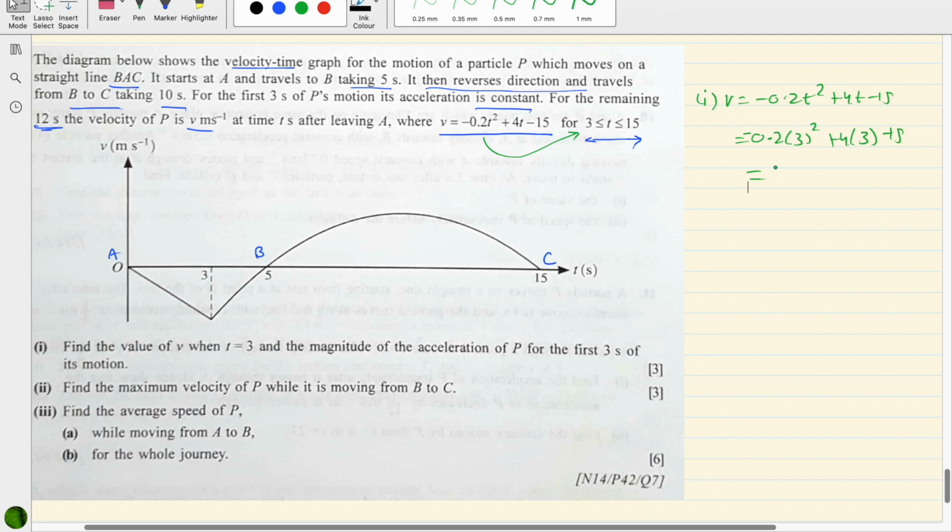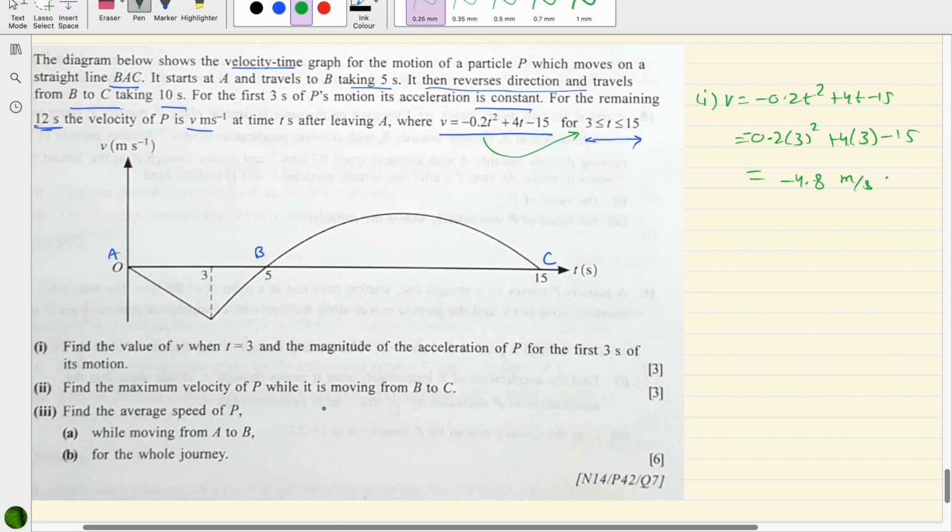Using the calculator, that is negative 0.2 times 9 plus 12 minus 15, and we get negative 4.8. Let me correct this, that was negative 15. Negative 4.8 meters per second.